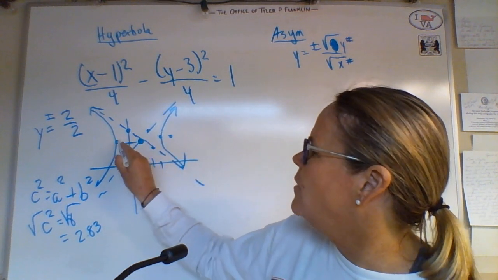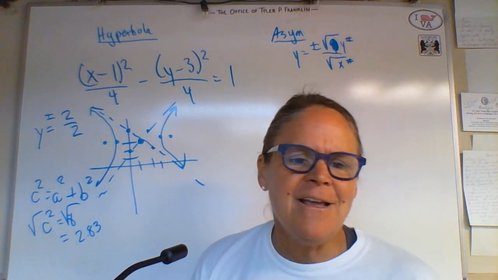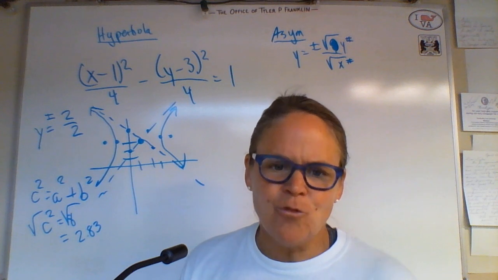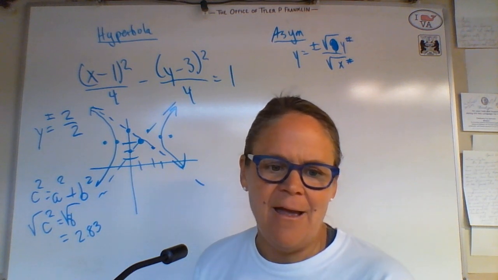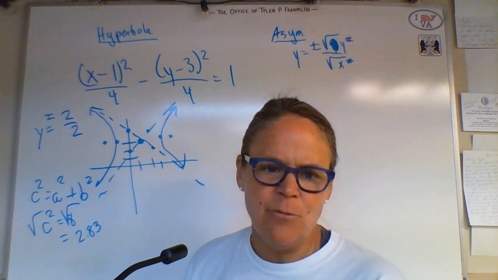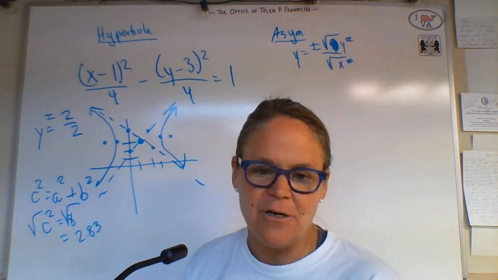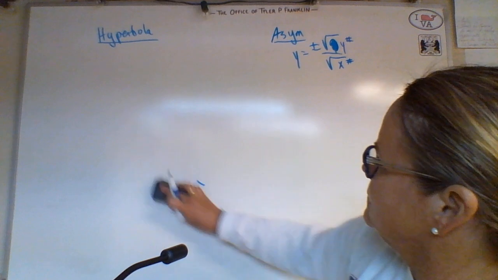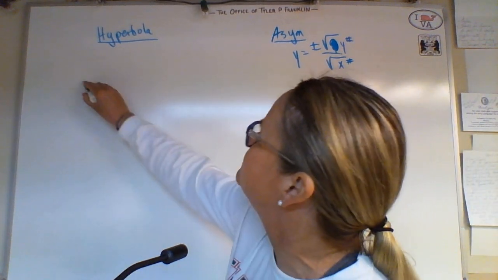I usually don't make you give me those coordinates. If you can draw them in the picture, it's a lot of moving parts. So if you have the picture, I'm good. So, second one.